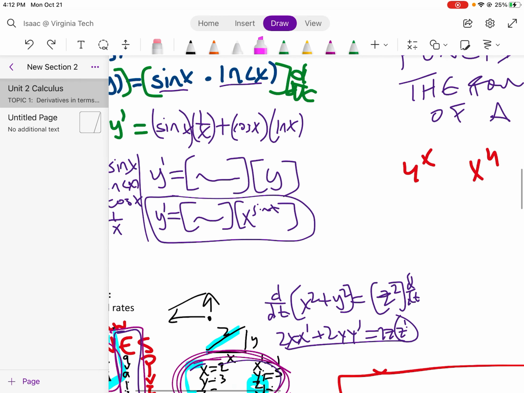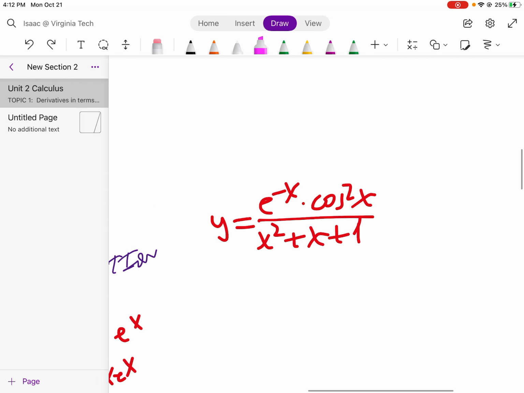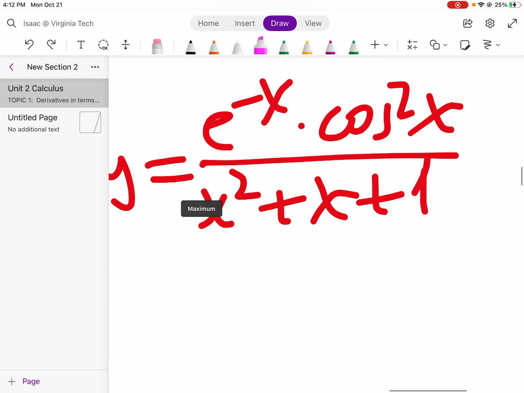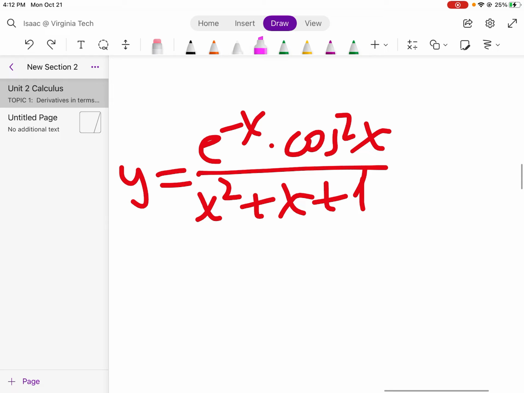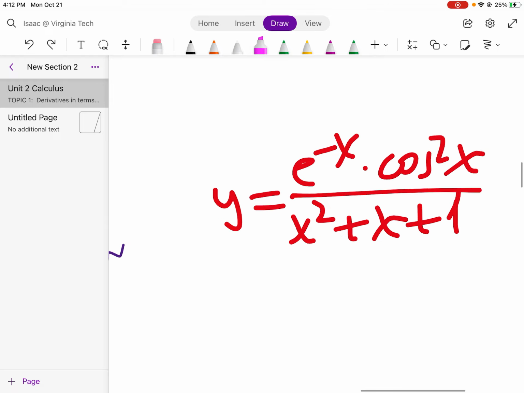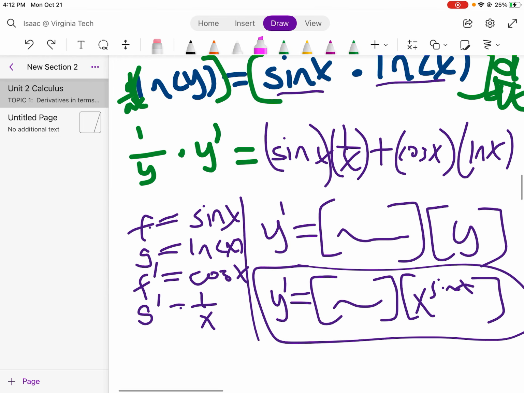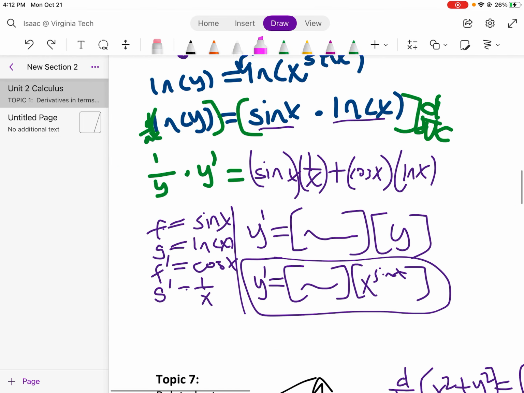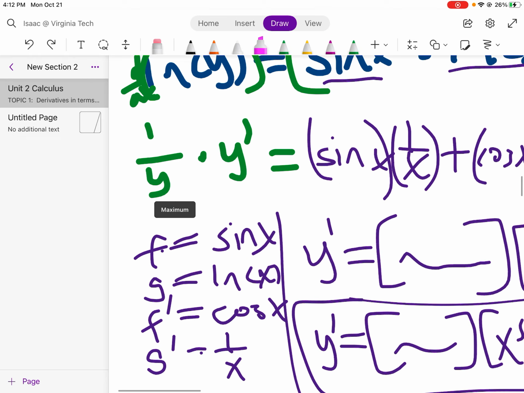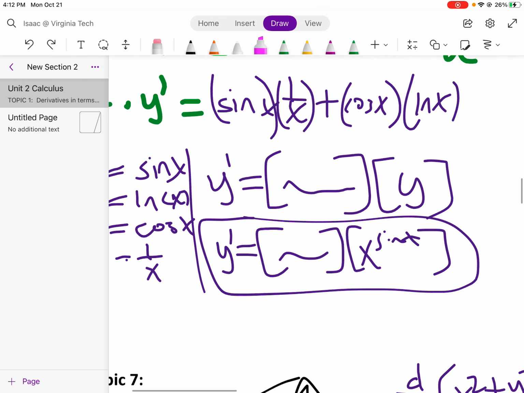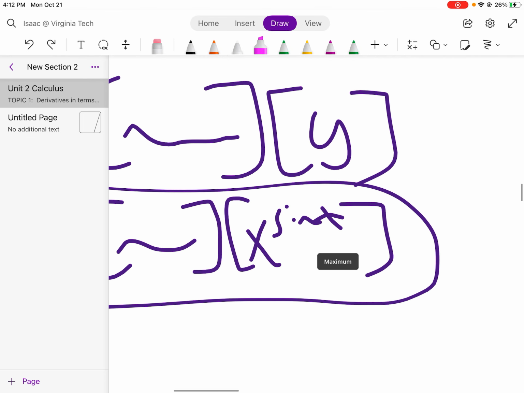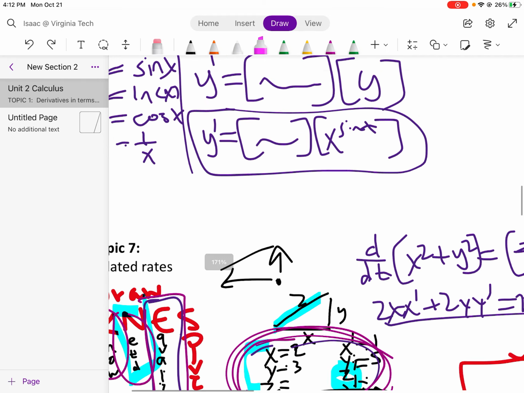And then over here, if we were to use logarithmic differentiation, we would end up seeing that we would have log of something times something, which you would separate by addition. And then you'll have to probably use product rule if you do this. And then remember that you have to get y prime by itself and don't leave it as y. Replace it with what y equals.